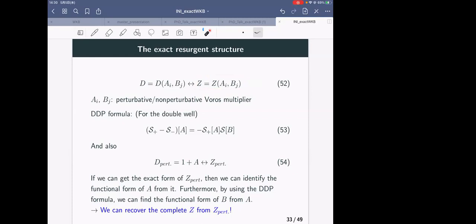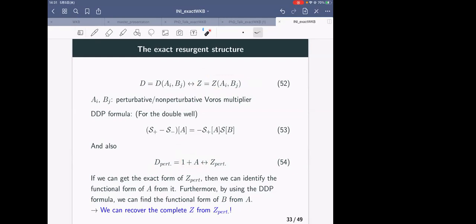And using the DDP formula, we can calculate the Borel ambiguity of the Borel multiplier exactly without any approximation. And also, the perturbative part of the Fredholm determinant is characterized by this factor. When we obtain this quantity, it means we can obtain the perturbative part of the partition function.